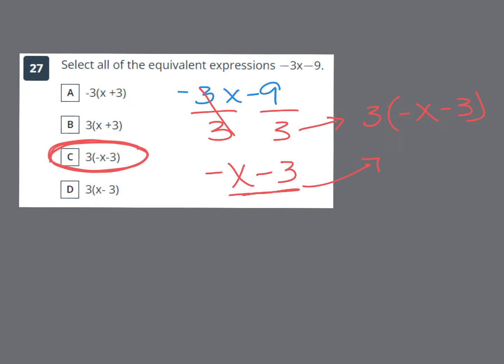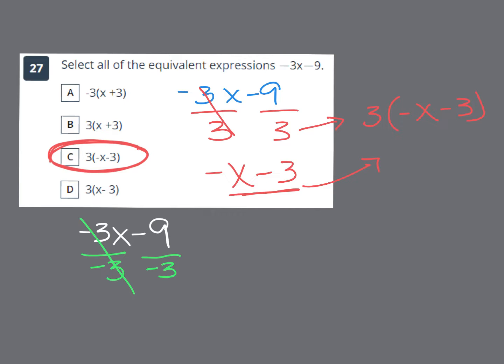Well, if I go back and look at this again, negative 3x minus 9, instead of using 3 as my gazinta, I can use negative 3. What? How festive is that? I can use the negative 3. That's fun. So those cancel and the negatives are gone, because the negative divided by a negative, of course, is a positive.